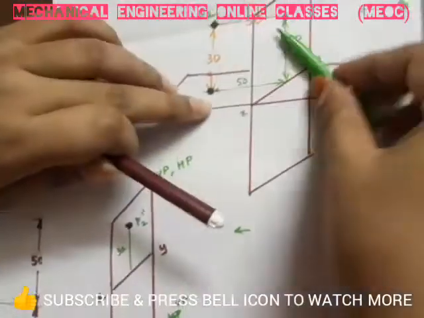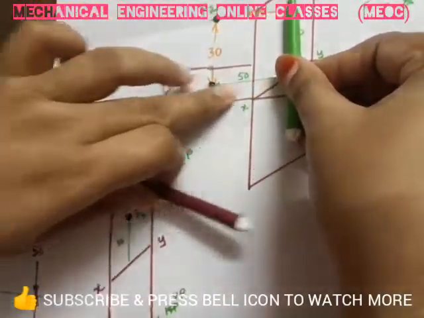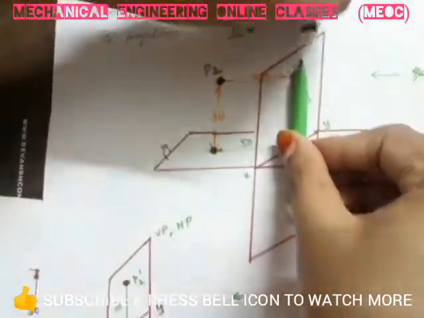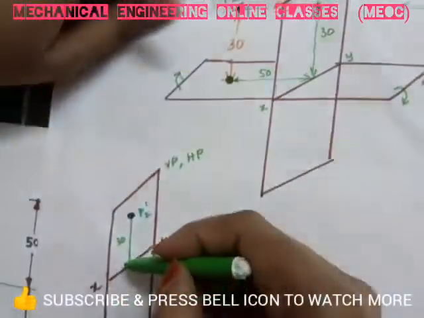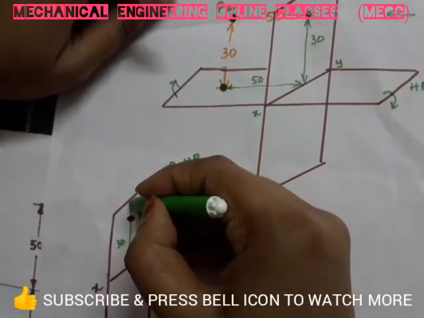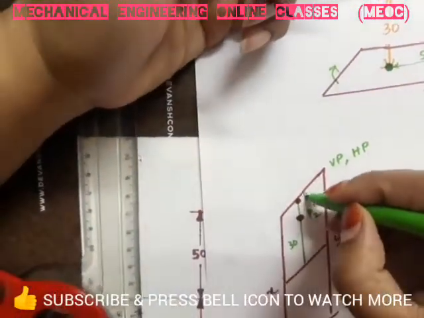This line is already there, and this 50 mm line is also rotated. So both the lines will be aligned to each other. So along the same line I will draw 50 mm line. So this particular point is P2, which is nothing but the top view.